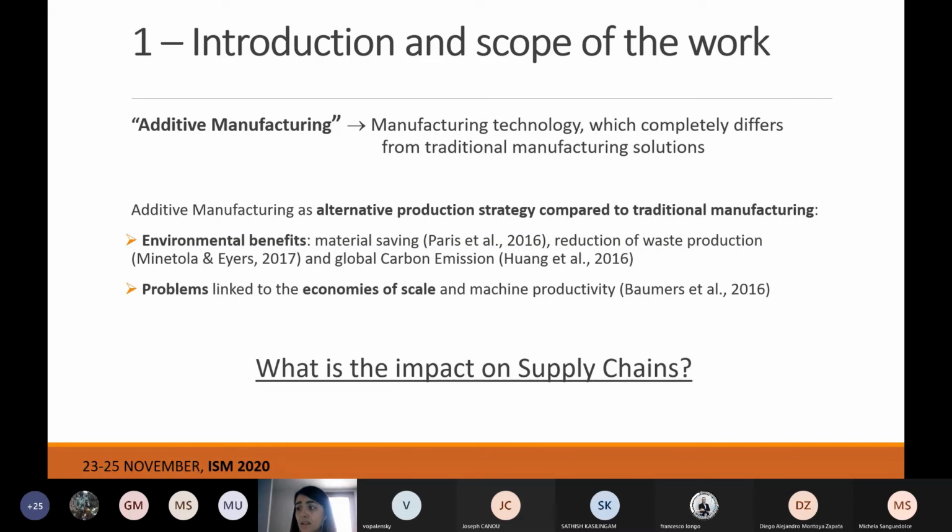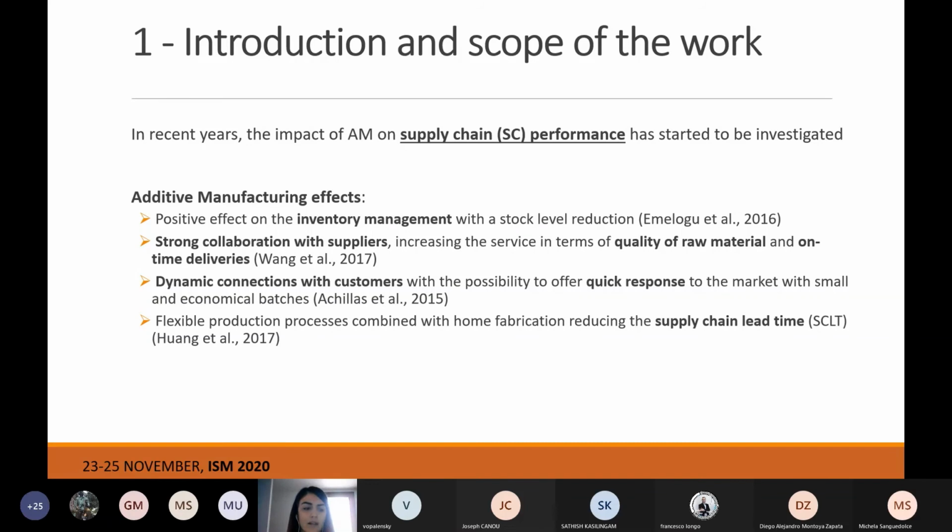Many studies focused on its growing potential, but also on some problems linked to massive production. In the last years, the impact of additive manufacturing on supply chain performance has started to be investigated, and some authors have discussed interesting effects.